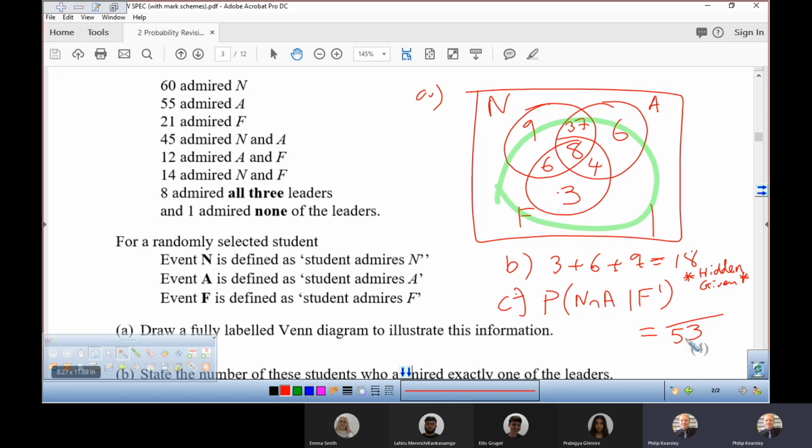Anyway. N and A. So out of these, oh, it's those 37, it's quite a large probability. What's that as a decimal? 0.698.